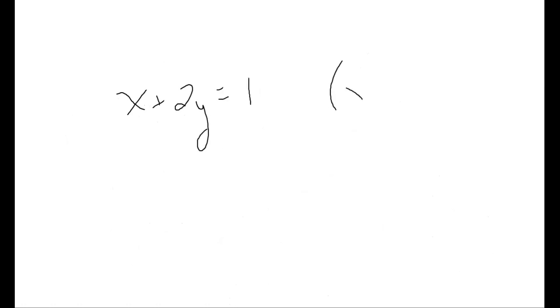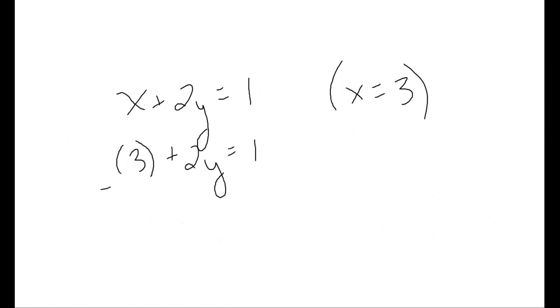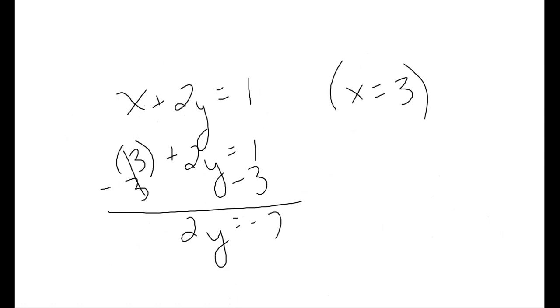And now I want to know what happens when x equals 3. So when x equals 3, I'm going to substitute 3 for x. I'm going to solve this. Take away 3 from both sides. That leaves me with 2y equals negative 2. And then divide by 2. And so y equals negative 1.